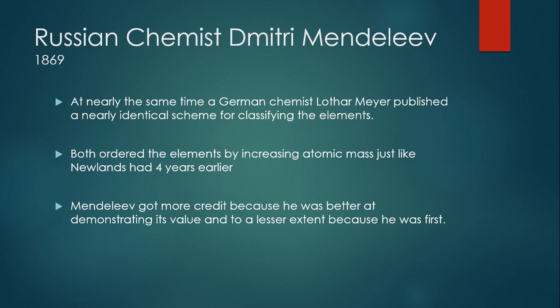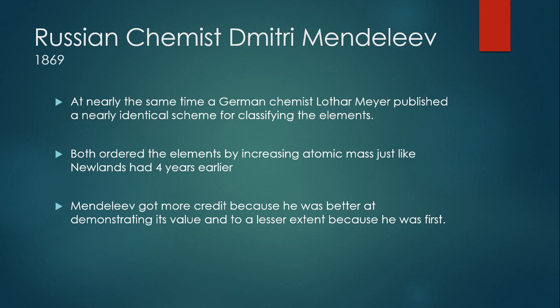Both of them ordered the elements by increasing atomic mass, just like Newlands had 4 years earlier, and they probably were aware of his research, and that's probably how they decided to use atomic mass. Even though no one was giving him credit, people were reading the research.